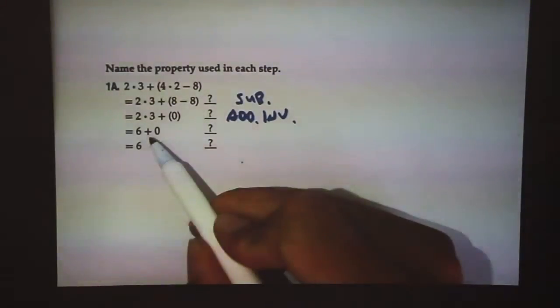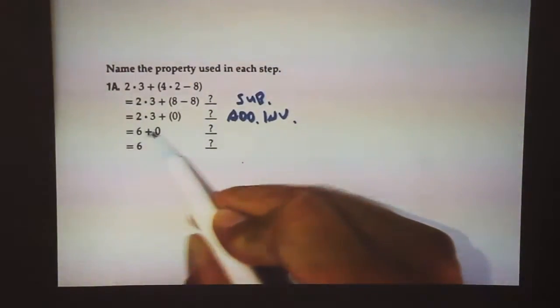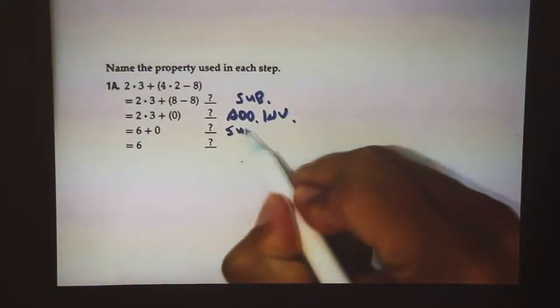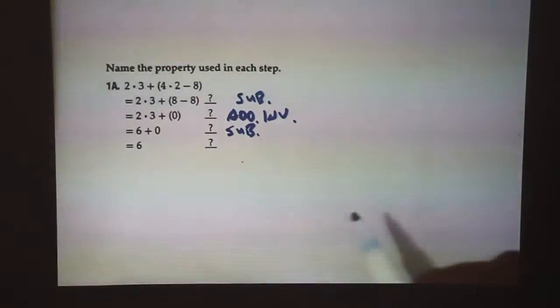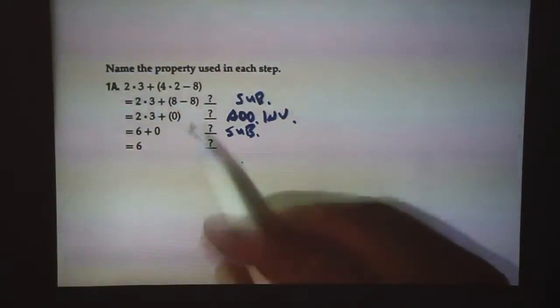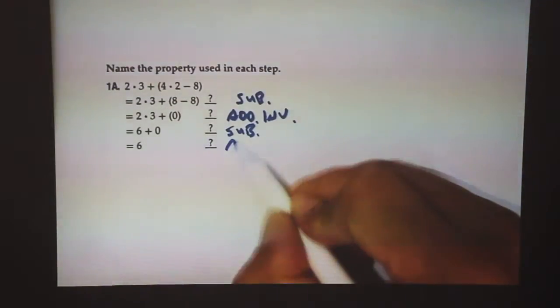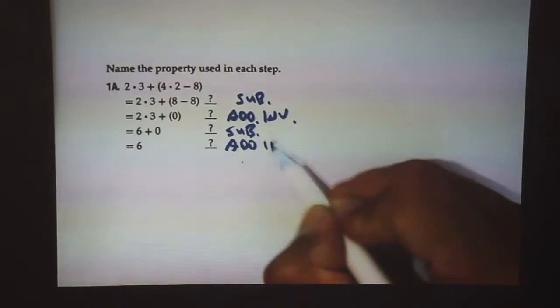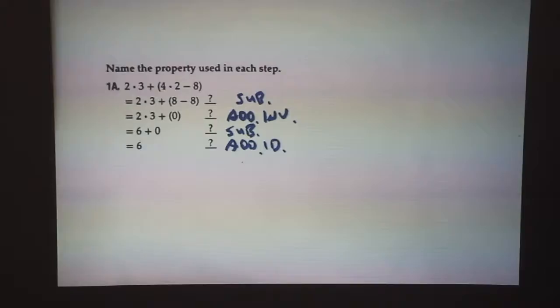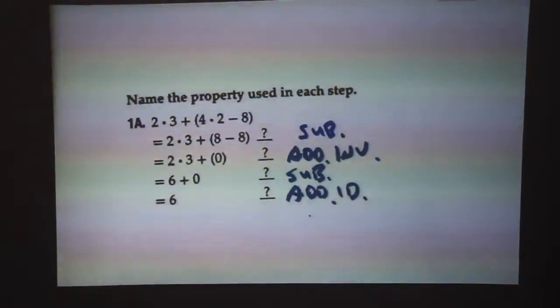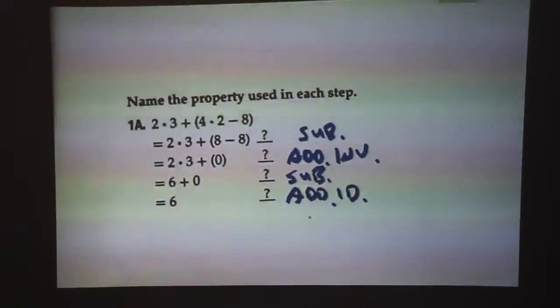And then over here, they did the 2 times 3 plus 0, so that part got the 6 value. Again, that's a substitution. We're substituting equivalent values to each other. And then lastly, 6 plus 0 gave us 6. That is the additive identity. So notice how I abbreviate this with those abbreviations. It just makes it go faster when you do the properties using each step.